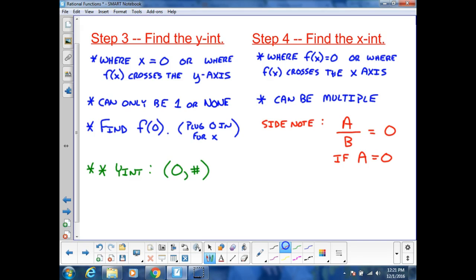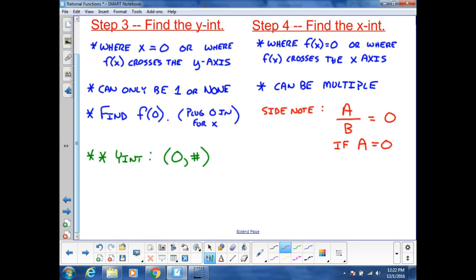So if I have a rational function, which is a function that's got a fraction in it, where's the only spots that that rational function is going to equal 0? If 0 is in the numerator.